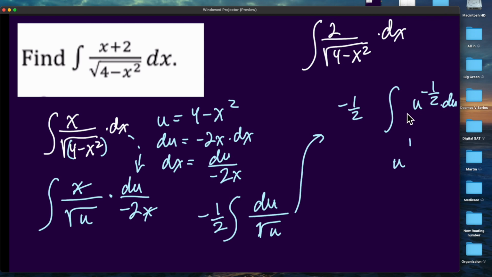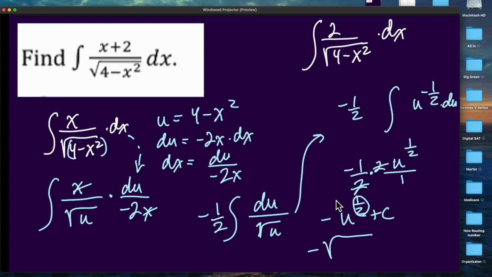So we're going to have u to the 1/2 divided by 1/2. Dividing it by the new exponent is the same thing as multiplying by its reciprocal, and that's going to result in these two canceling out. So our end result is going to be negative u to the 1/2 plus c. We're going to replace our u with the 4 minus x squared, and we're going to reinstitute the radical sign instead of that fractional exponent, and this is going to be the first part of our integral.